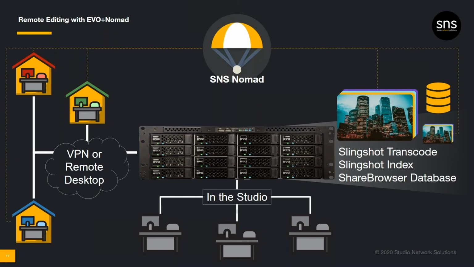Nomad, our remote editing utility, lives on the remote editor's workstations. Following the dotted line at the top, it retrieves the proxy files and source media that they need from their Evo and delivers those files to their workstation so they can use them for offline editing. No matter where you are, you can grab those proxy files and keep your projects moving forward.